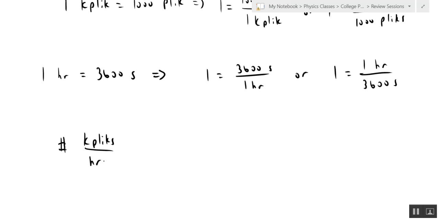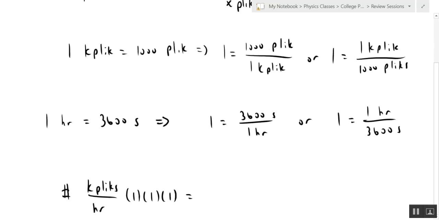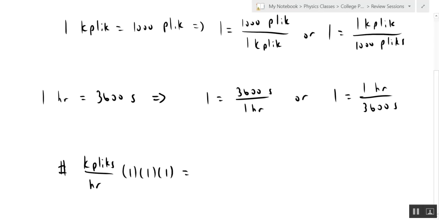So you multiply by 3 versions of 1, and it's related to these 3 different versions of 1. So what I'm going to do is just circle which ones you use. I want to get rid of the kiloplex and change it to plex.